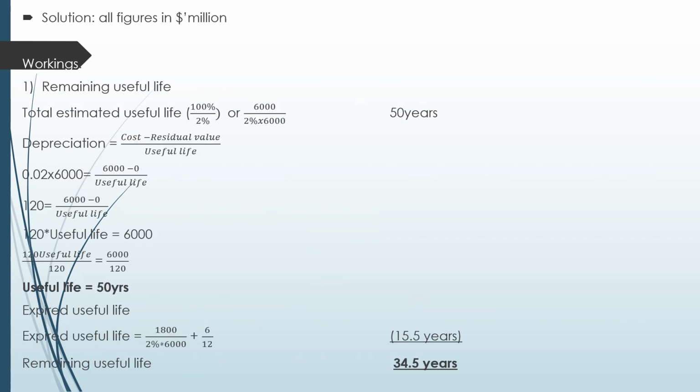Before we can demonstrate or post the figures to our P&L and our statement of financial position, let's go through the working so that you will know where the figures came from. If you can record just now, 30th June 2018, the company decided to revalue its asset, which is the building.